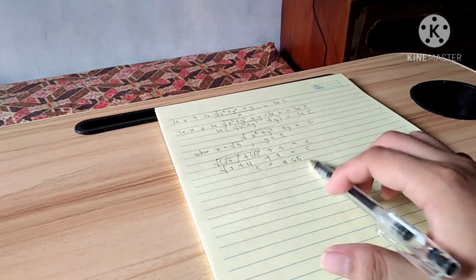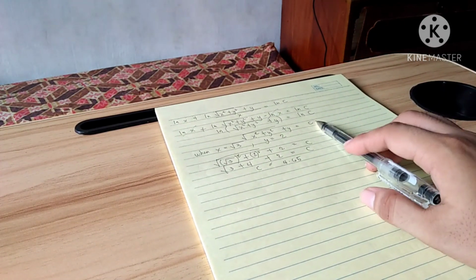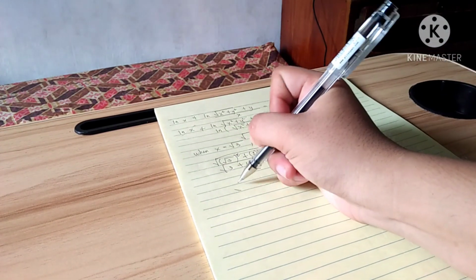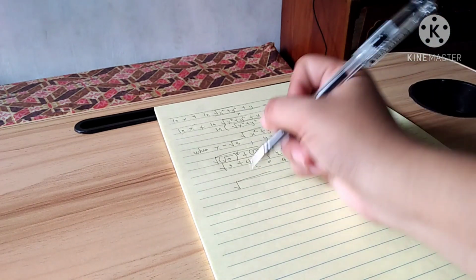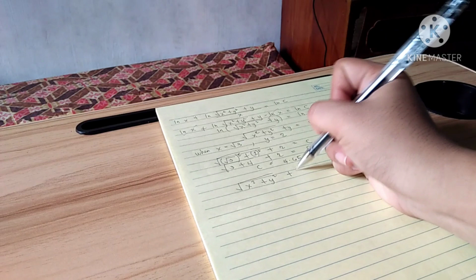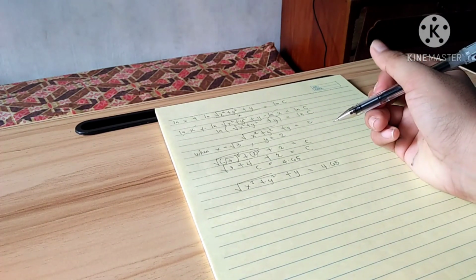Since nakuha na natin yung value nung c or yung constant, pwede natin siya ngayong i-substitute din dito sa formula na na-derive natin. So, we have the square root of x squared plus y squared plus y is equals to 4.65.